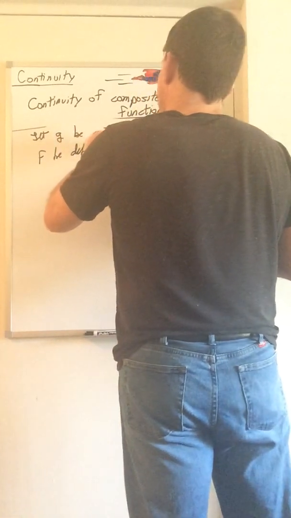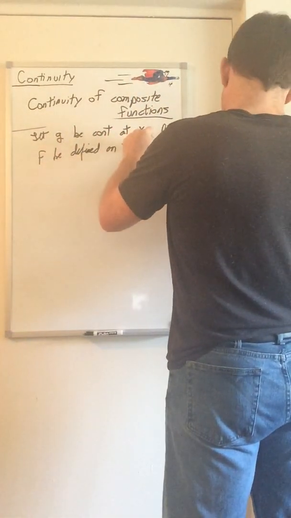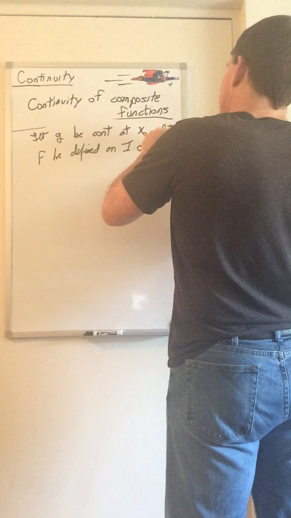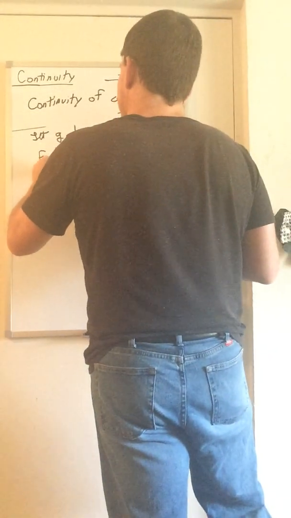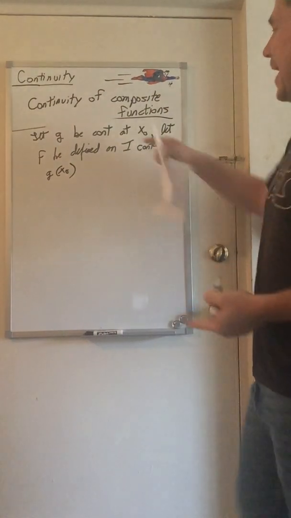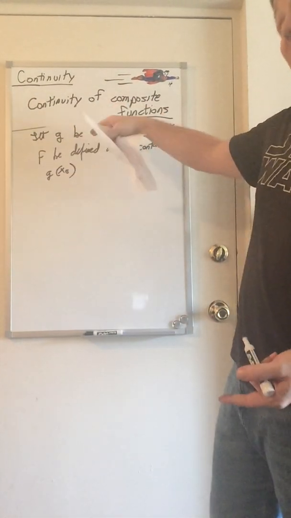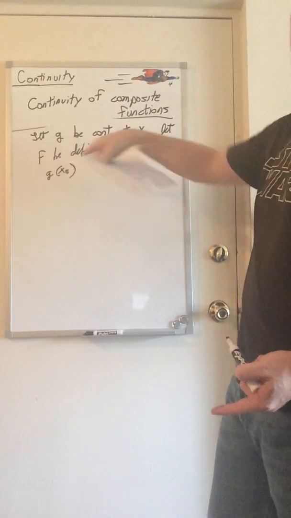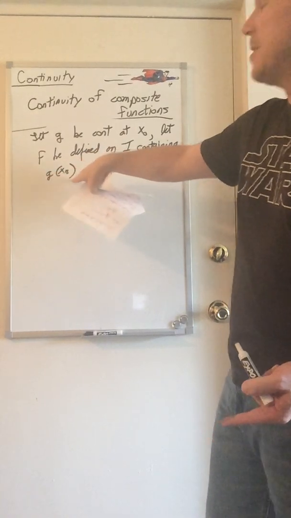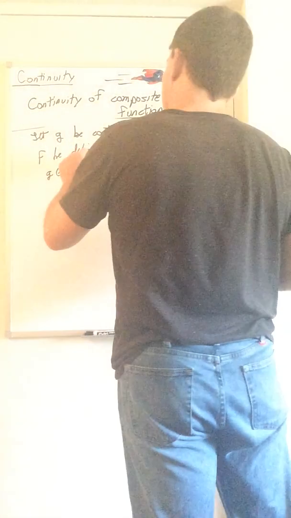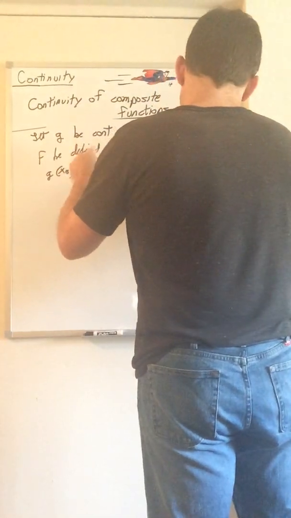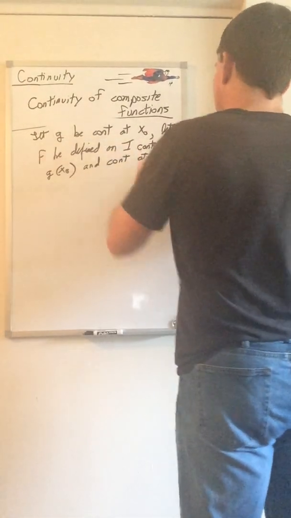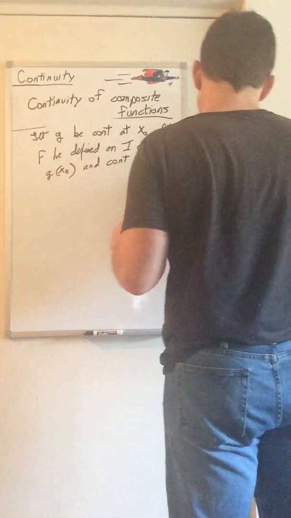Let f be defined on an interval I containing g of x sub 0, because keep in mind, x sub 0 is in the domain of g, then I apply g to it, which gives me a y value, and f is defined on an interval around that y value, which is g of x sub 0, not x sub 0. So f is defined there, and it's continuous at g of x sub 0. It doesn't have to be continuous everywhere, only at that point.